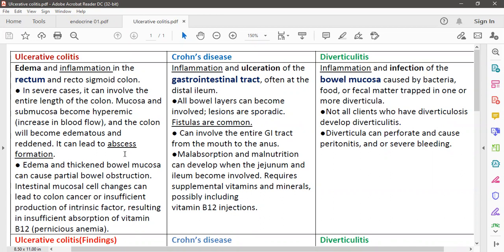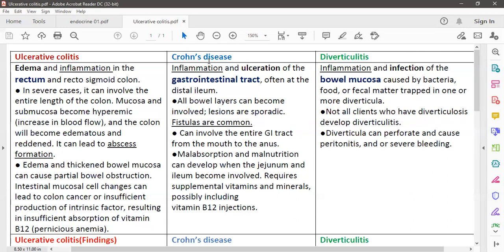Ulcerative colitis, abscess formation if it is untreated, right? Where is the pain? Left lower quadrant. Patient also complains of fever. Crohn disease: all the bowel layers can become involved, or it is sporadic. Fistulas are common.